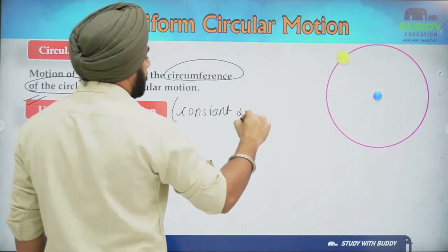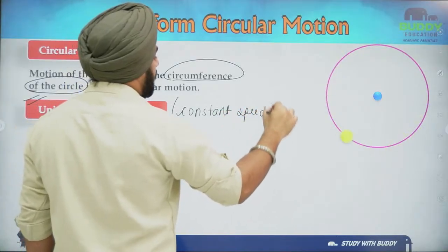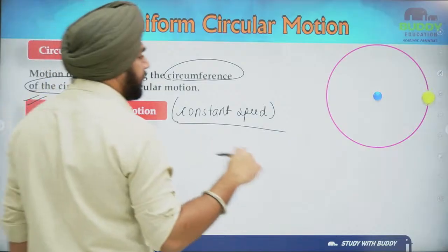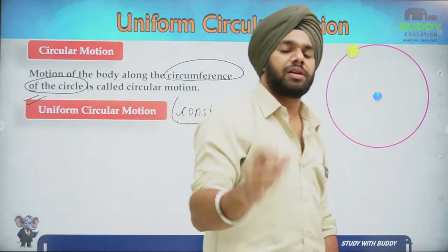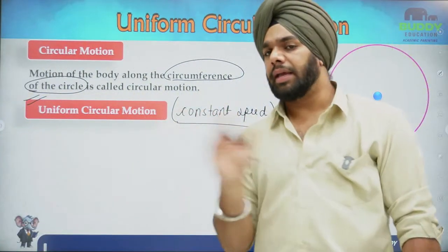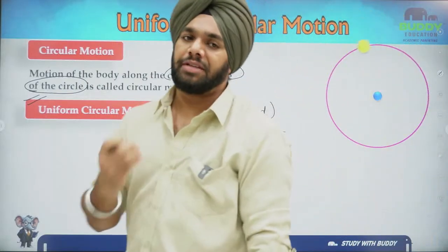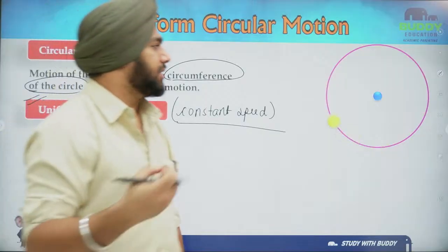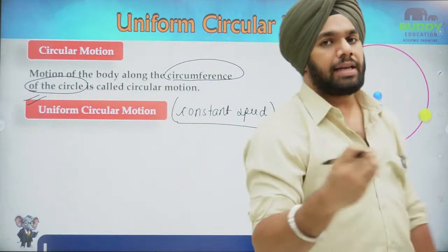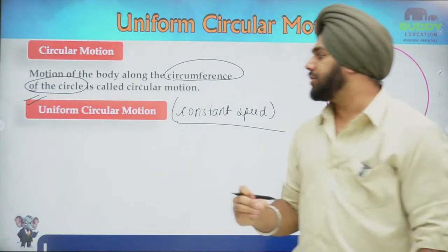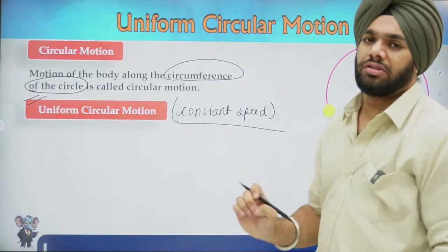Remember, if I say that it is moving with a constant velocity, then my statement is definitely wrong. Because in uniform circular motion, one thing is very sure, that the speed is constant but not the velocity.